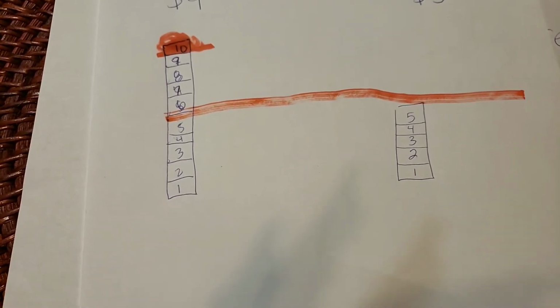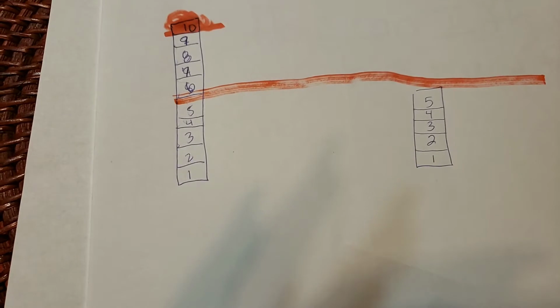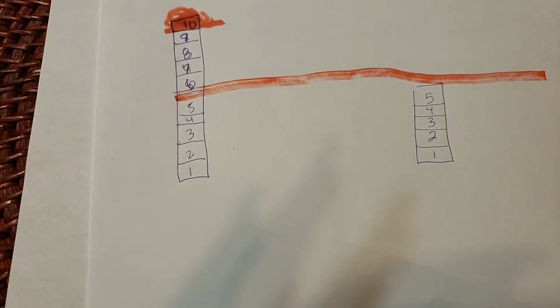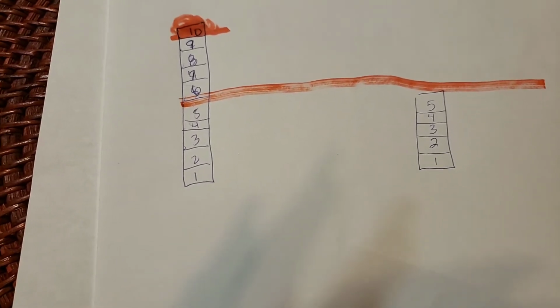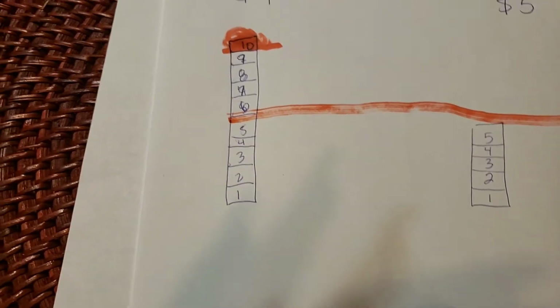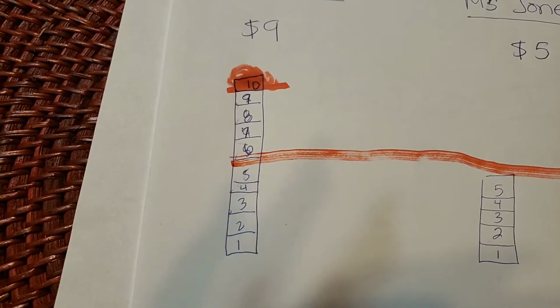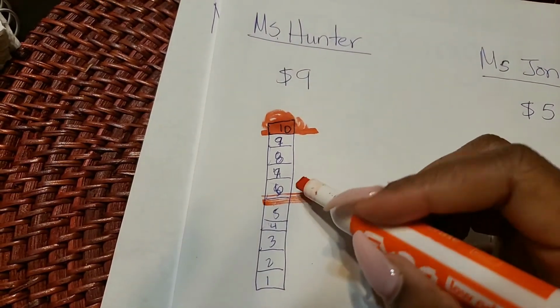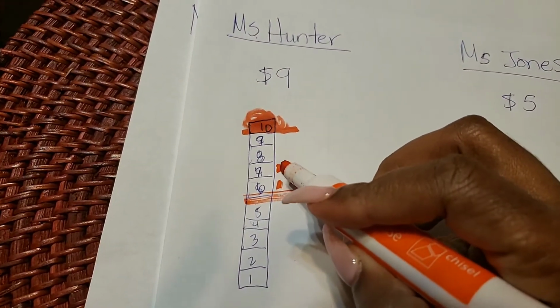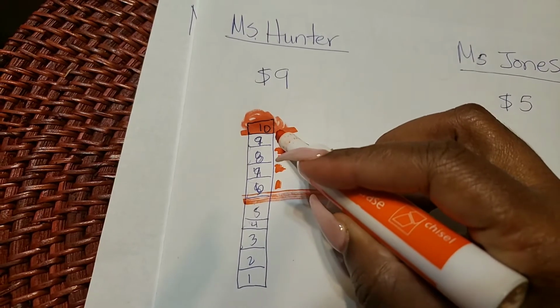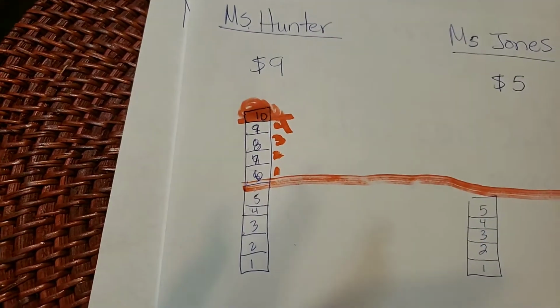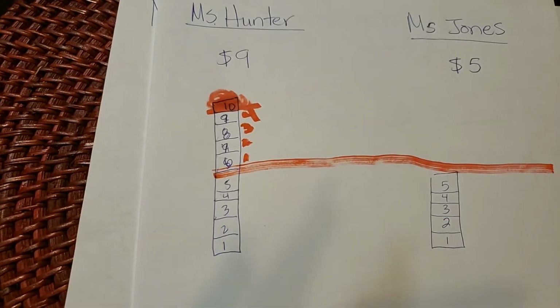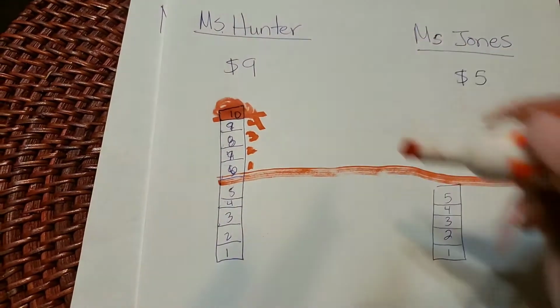Yes, 5. Now the amount that we cut off, or the extras that we break off, is how many? Let's count. Get ready. 1, 2, 3, 4. How many extras do we have? Yes, 4.